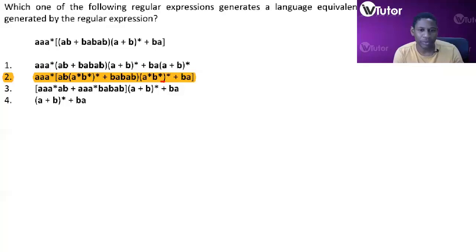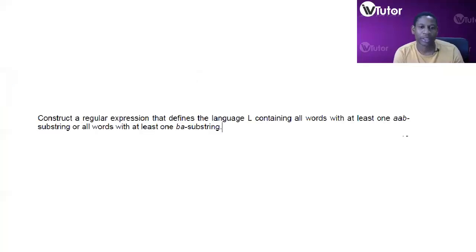Now, let's look at one last question. Construct a regular expression that defines the language L containing all words with at least one AAB substring, or all words with at least one BA substring. When they say at least, we need one such substring.